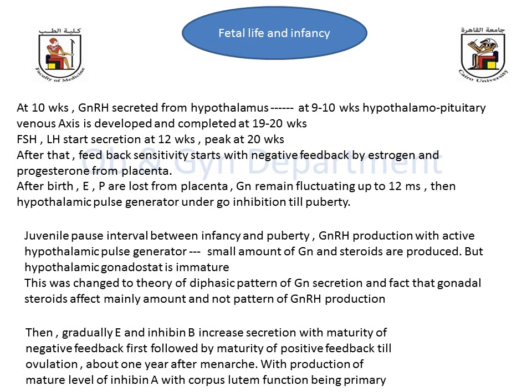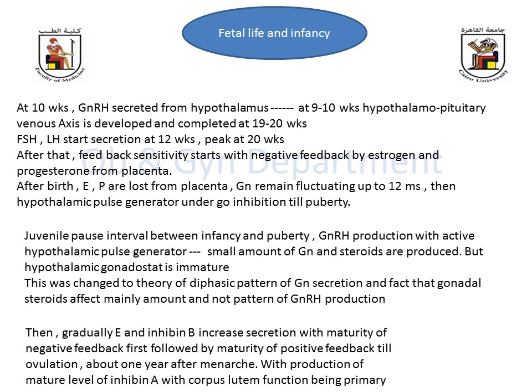So the hypothalamic gonadostat is still immature, in spite of the production of a small amount of gonadotropins and, in response, a small amount of steroids from the ovaries. This was changed to the theory of a diphasic pattern of gonadotropin, and the fact that gonadal steroids affect mainly the amount and not the pattern of gonadotropin-releasing hormone production.